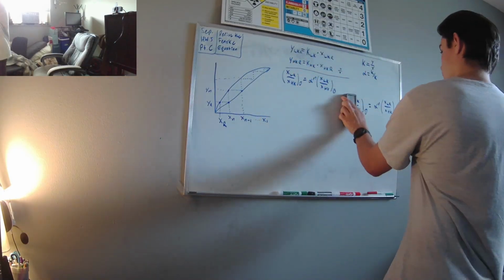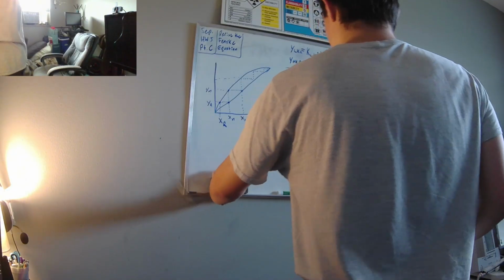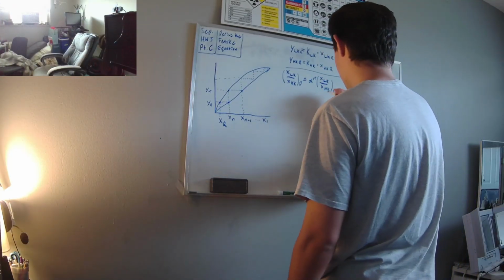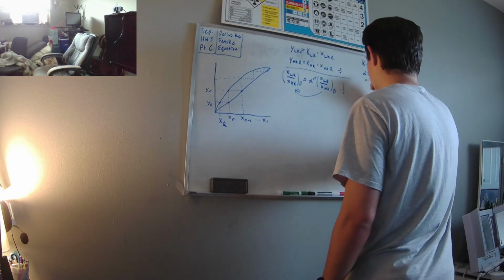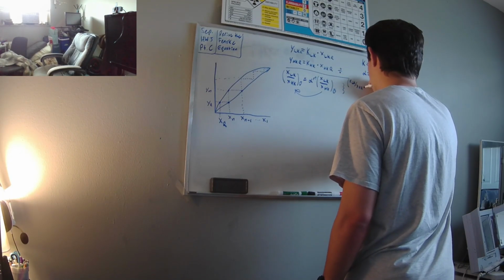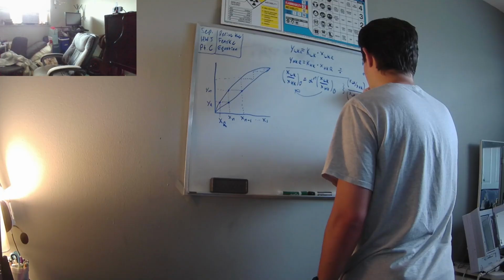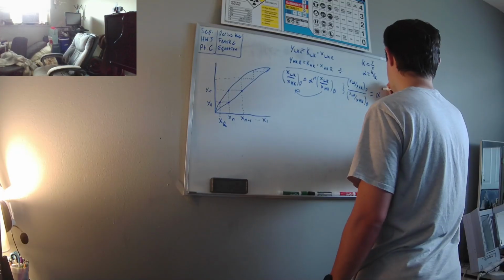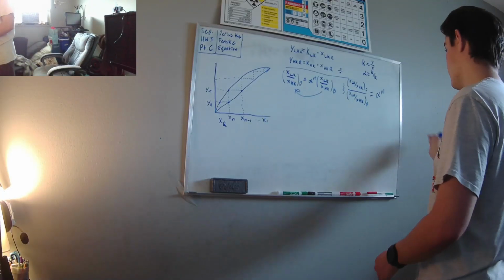Cool. So obviously our first step here is going to be to try to isolate this N. So we're going to divide this over to here, which is going to give us XLK over XHK at the distillate over XLK over XHK at the bottoms is going to equal alpha to the N. And then, of course, we're just going to need to take the log to isolate our N value.